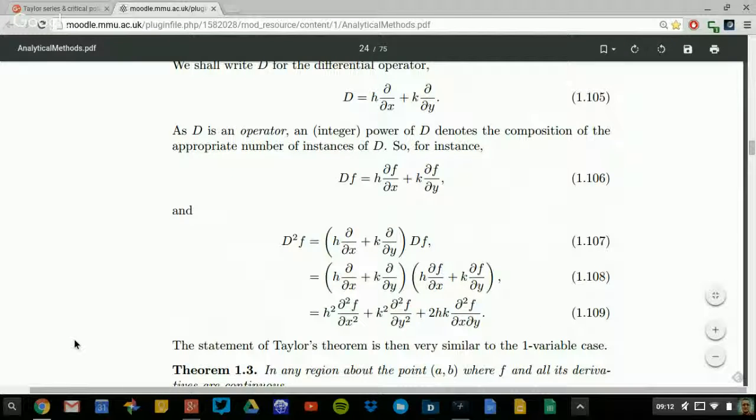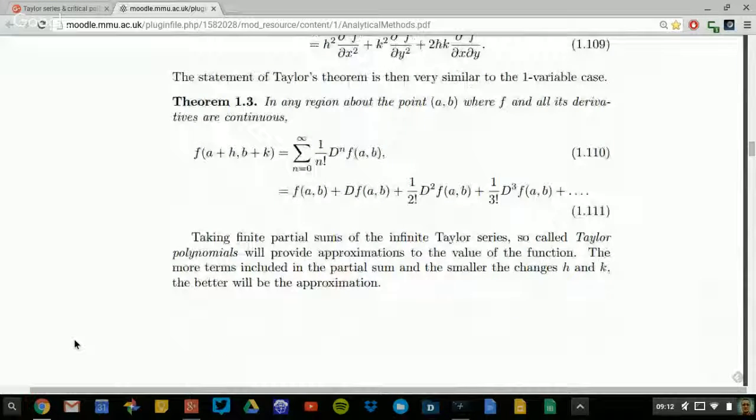So this is what Taylor's theorem looks like then. We'll look at an example shortly. It looks very similar to the one variable case that you've got written on the page in front of you, with the notes that I just had on the screen. The same structure, but instead of the nth derivative of the function f, here we've got the nth iterates of that differential operator.